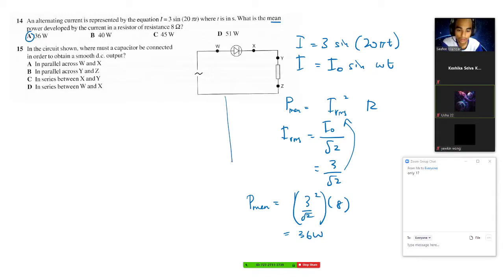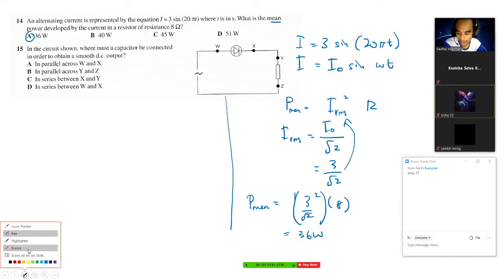Question number 15. In the circuit below, where must the capacitor be connected to obtain a smooth DC output? This is a diode. It's not in our syllabus, but the diode here has the function of a filter.